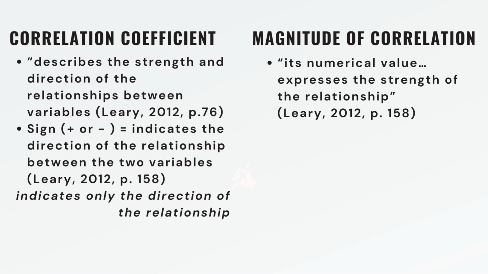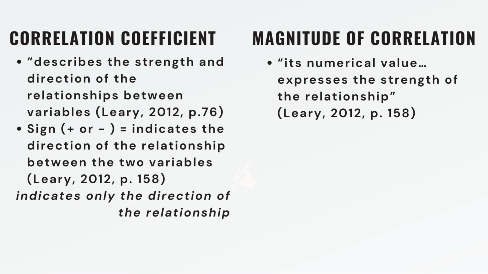The sign of a correlation coefficient indicates the direction of the relationship between the two variables. Keep in mind that the sign indicates only the direction of the relationship and tells us nothing about its strength. As for the magnitude of correlation, Leary defines it as the numerical value, ignoring the sign.